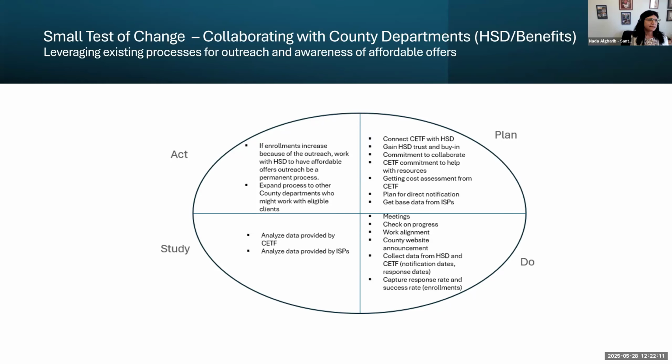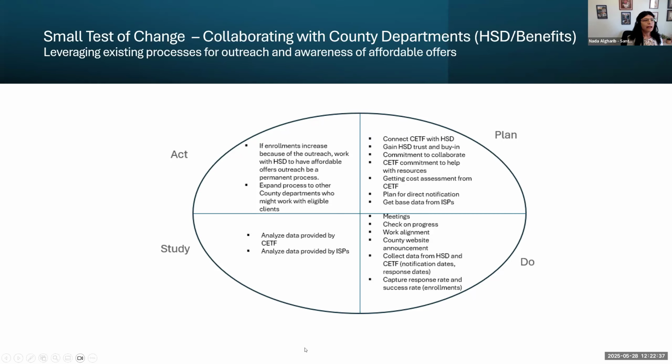HSD were sending flyers throughout their outreach to their clients about their programs like Medi-Cal and CalFresh. They have monthly packets that they send to the clients, and with these packets, they were sending information about the affordable connectivity program. So this was kind of what they mainly did.